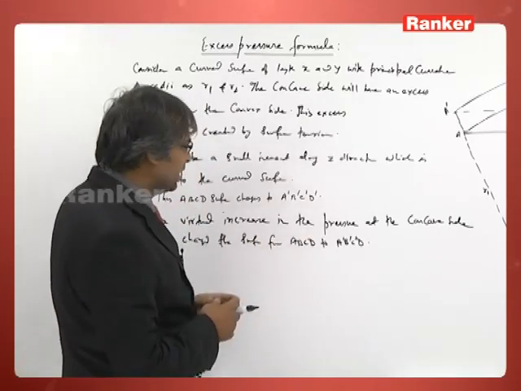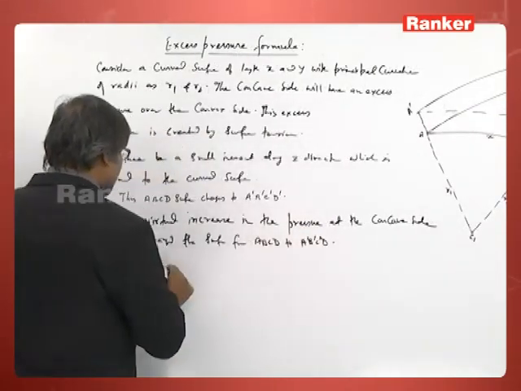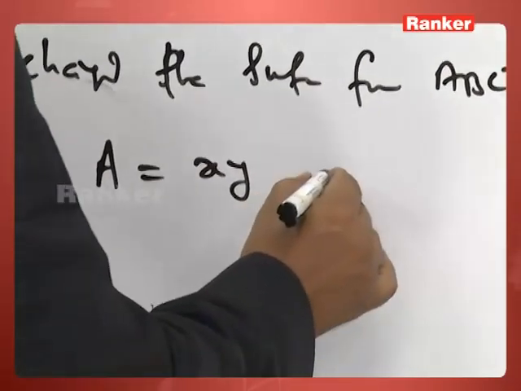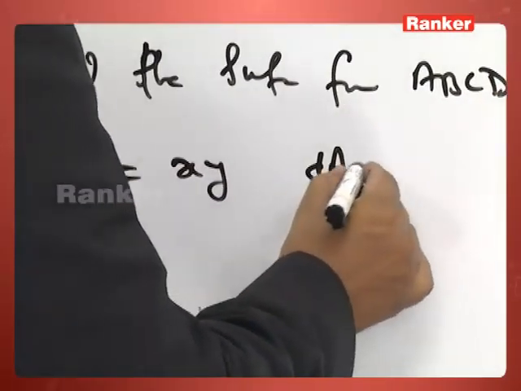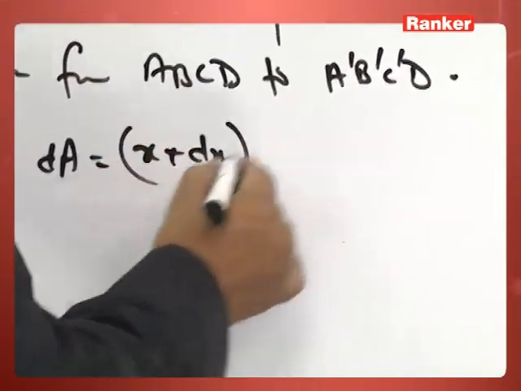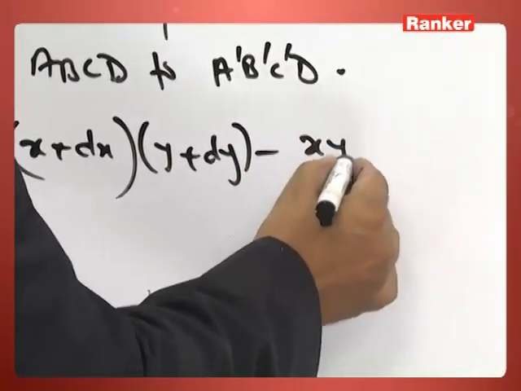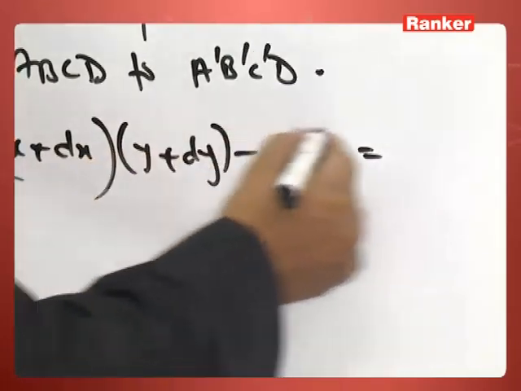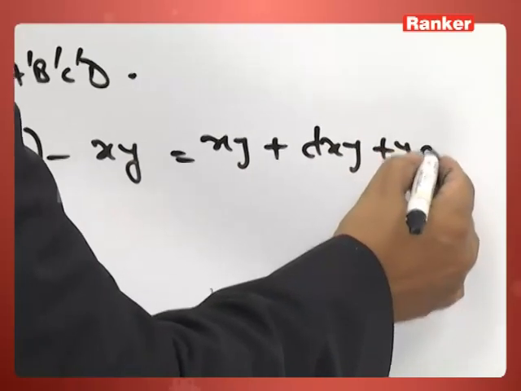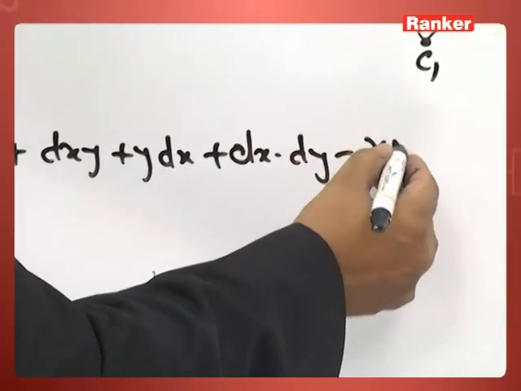Initially the area was xy, and the new area becomes (x plus dx) into (y plus dy). So delta area is (x plus dx)(y plus dy) minus xy, which is xy plus x dy plus y dx plus dx dy minus xy.